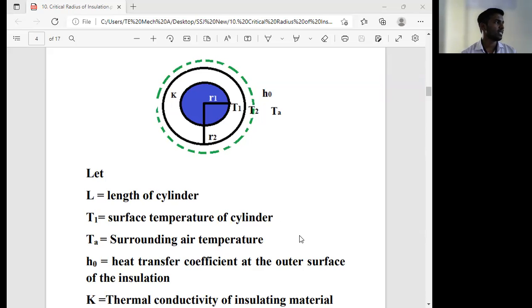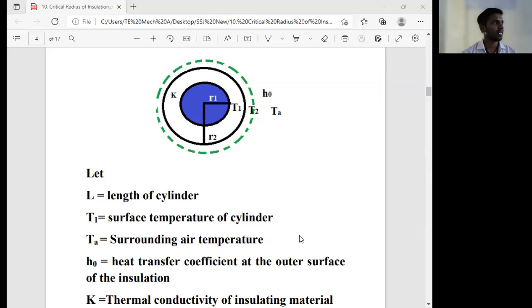I am asking about the heat transfer that takes place from the cylinder to the air. OK, T1 is the temperature on the surface of the cylinder. OK, so from this, how many resistances are there?